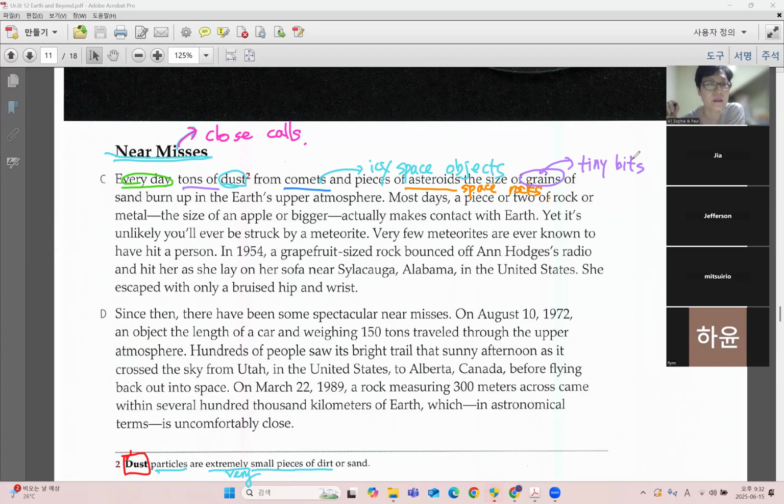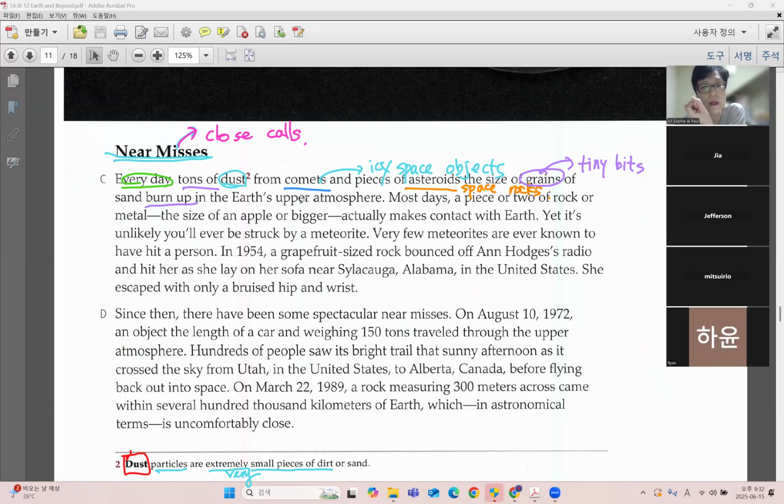Grains of sand burn in the Earth's upper atmosphere. Okay, the small pieces of asteroids, space rocks, the size of grains of sand burn up. Did you know that? Burn up where?